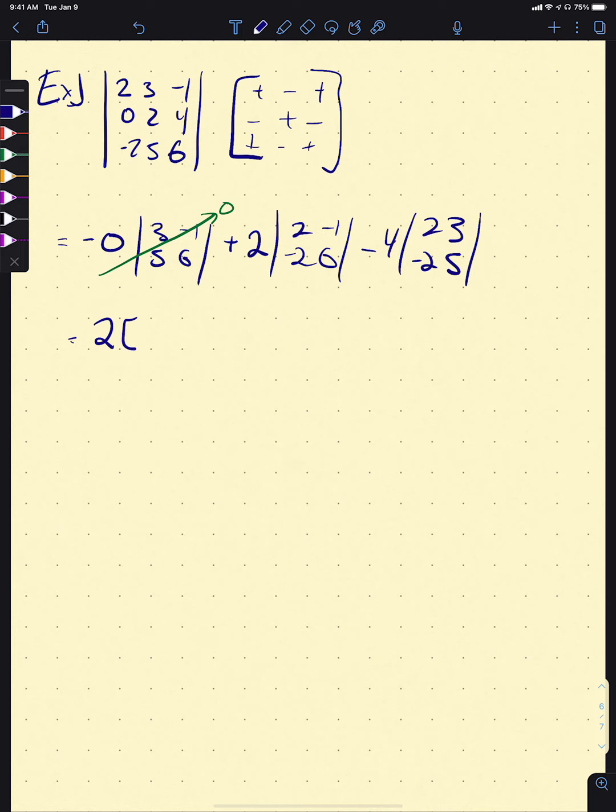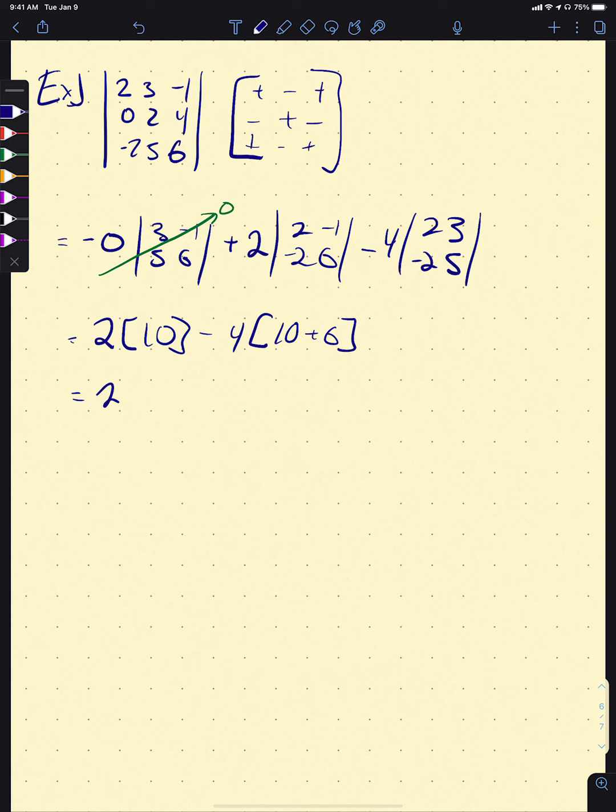Looks like we're going to have 2 times 12 minus 2, so 2 times 10. Then we're going to subtract from that 4 times what we have, 2 times 5 for 10 minus 6, minus a -6 for +6, right?